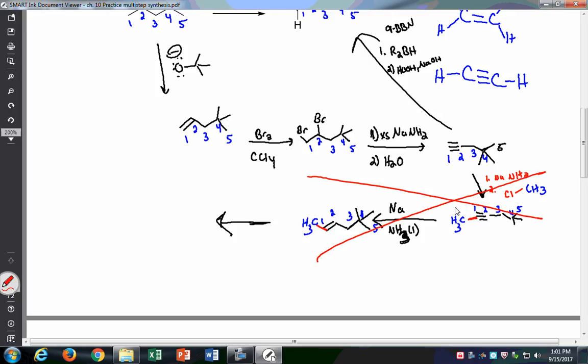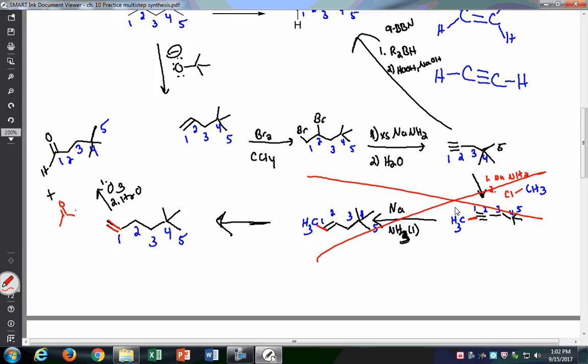And even if we did finally get to, which would be difficult because we wouldn't get a very high yield, even if we got to do our ozonolysis, we would still get that byproduct of formaldehyde, which could be problematic in our final separation, because we'd have to separate formaldehyde out.